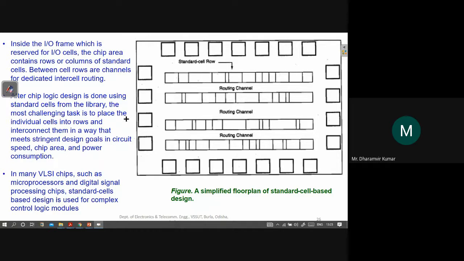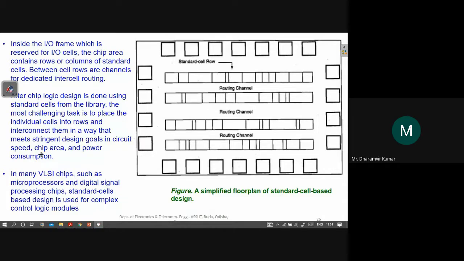So first we place, but there is a challenge here. After chip logic design is done using standard cells from the library, the most challenging task is to place the individual cells into rows and interconnect them in a way that meets stringent design goals in circuit speed, chip area, and power consumption.